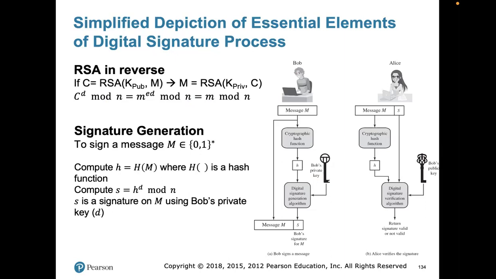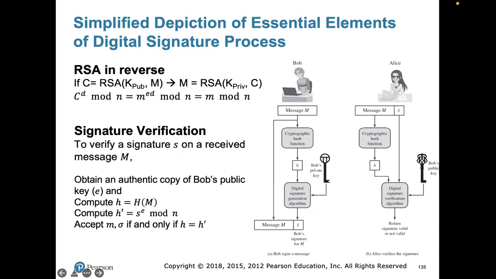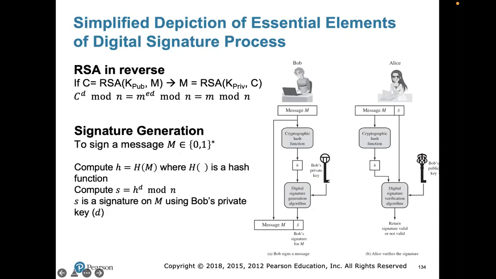Although I have somehow talked about them, I have them here as math written so that you can also look at them. Here we say to sign a message M, we first generate the hash of that message and we call it H, where function H is a hash function, and it might be any function.